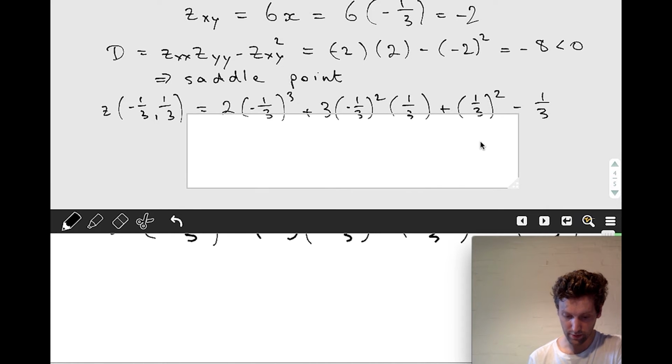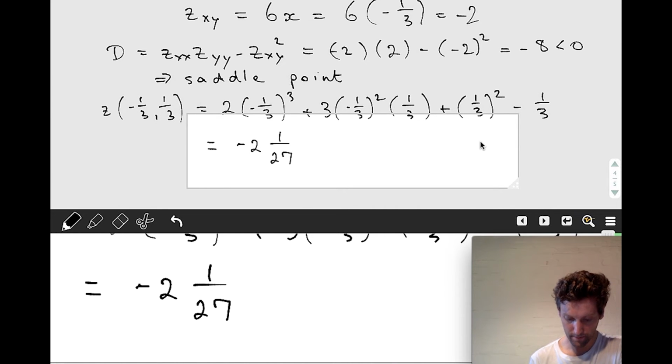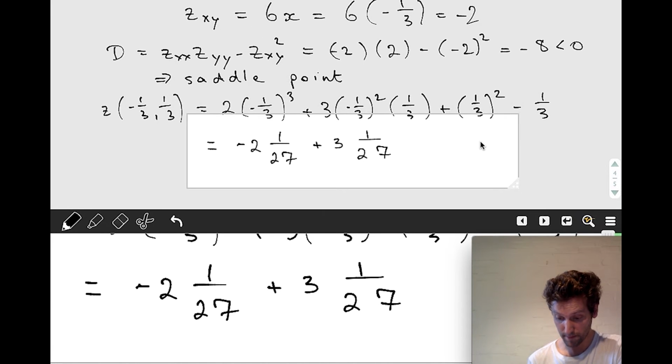So that's going to be equal to 2 times minus a third cubed, which is minus 2/27, plus minus a third squared times a third, so that's going to be plus 3 times 1/27, plus 1/9, minus a third.